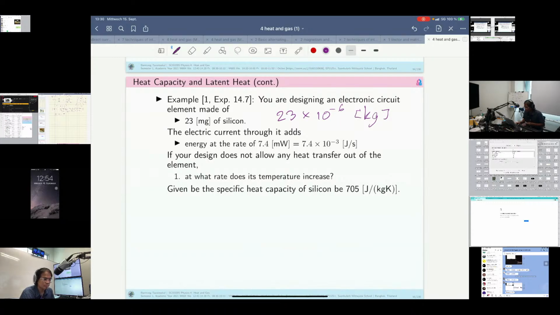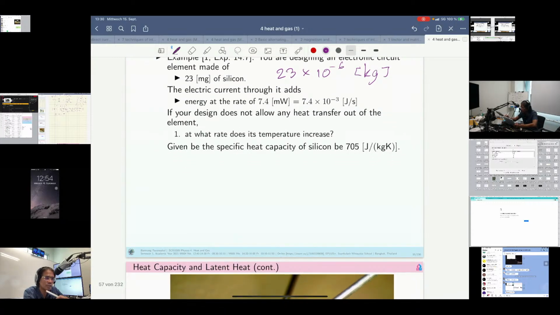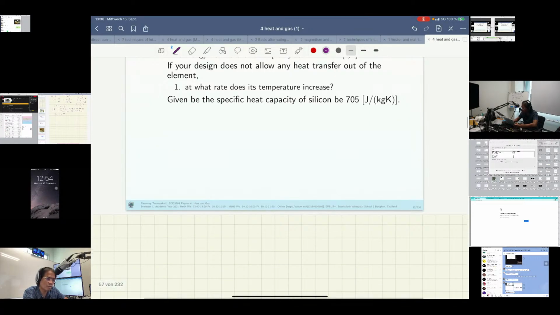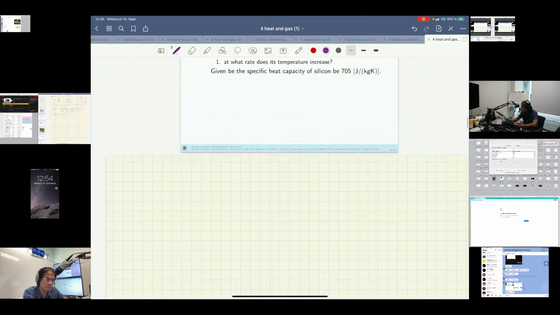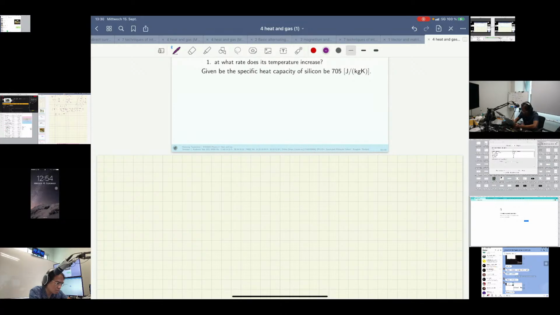And yeah, yes, we would start from almost the same thing as the former two problems. We start from Q equals m c delta T, right? And we divide because they say something about rates, right?